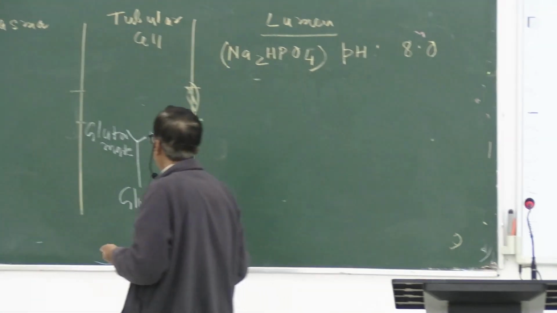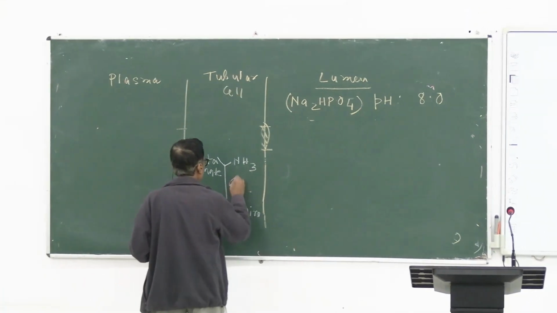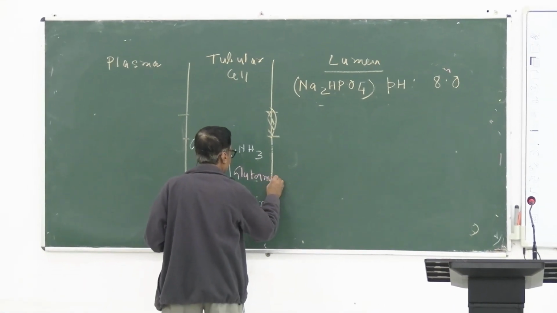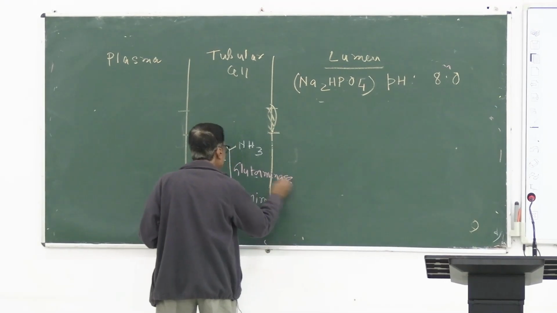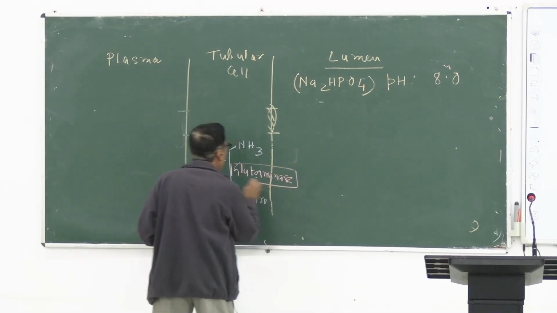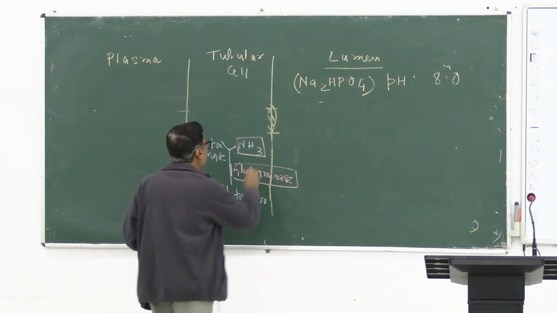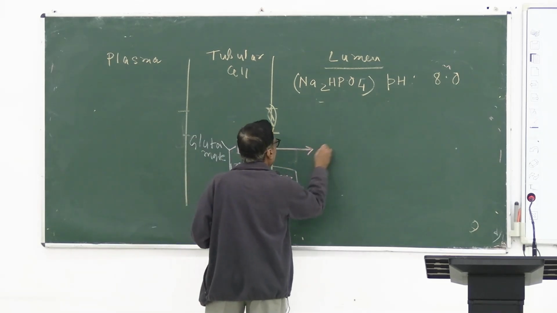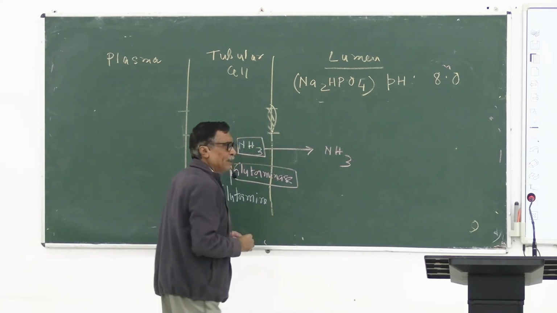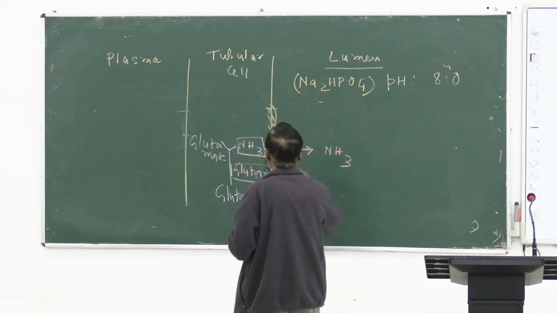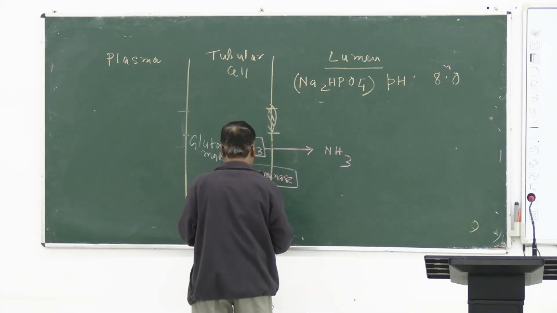Glutaminase is an enzyme which acts on glutamine and produces ammonia. This ammonia comes to the tubule and reacts with the secreted hydrogen ion.